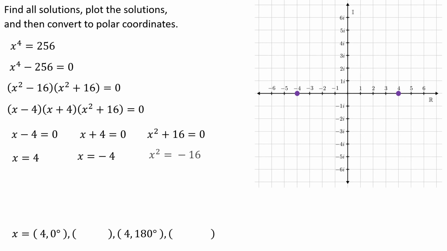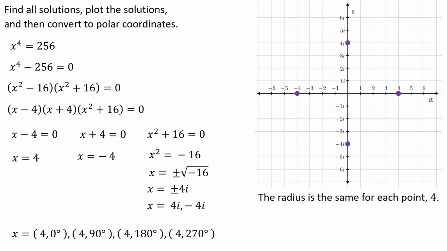Okay, now what are my other solutions? Well, if x squared equals negative 16, x would be plus or minus the square root of negative 16. Of course, square root of 16 is 4, but oops, there's a negative, so my imaginary friend i shows up. So my other solutions are at positive 4i and negative 4i. And hey, those are exactly 4 units from the origin. One of them is lined up at 90 degrees. One of them is lined up at 270 degrees.